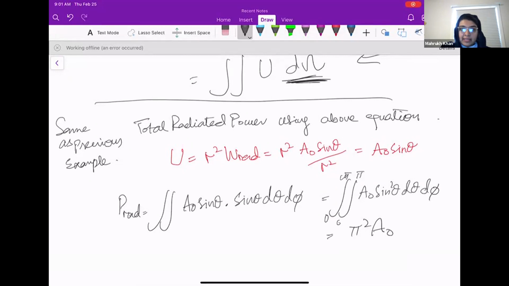Can you figure out what the complexity in the power density formula was that we do not have here?